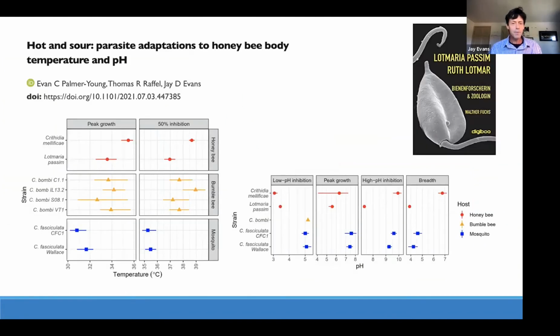I just wanted to highlight one other study from the lab. Also, we had a COVID arrival of a scientist, Evan Palmer Young, who I'd worked with before when he was in Lynn Adler's lab on these phytochemicals, but he was a bit orphaned during COVID, sadly, and of course we snatched him up.